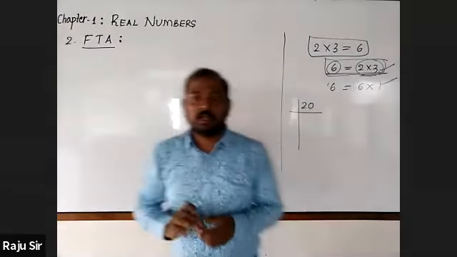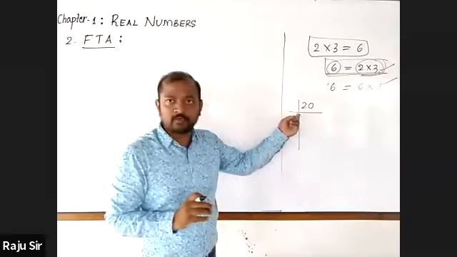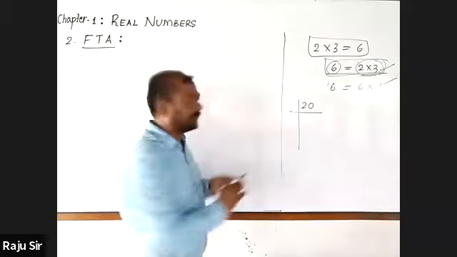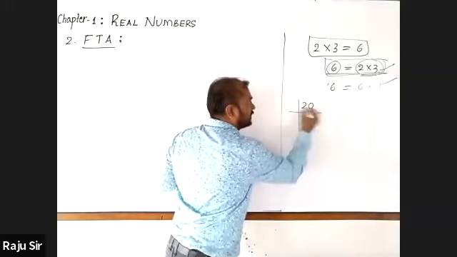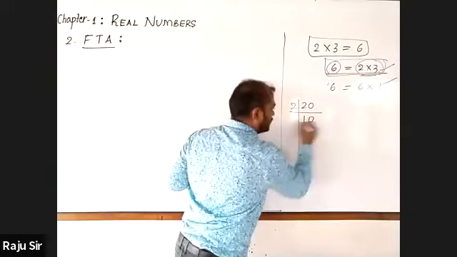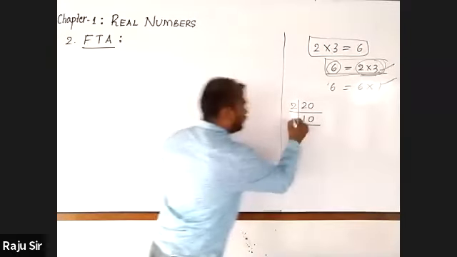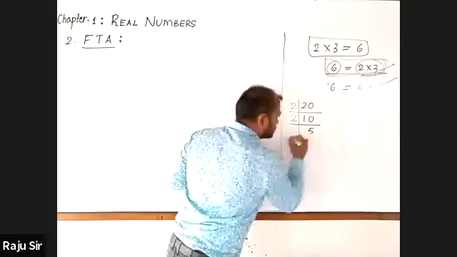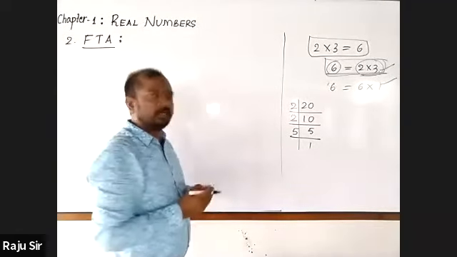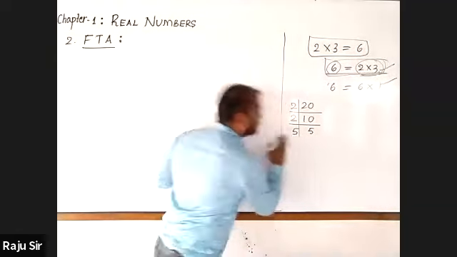I told you that we are going to find the prime factorization of 20. Let us start dividing 20 by 2, as it is an even number. 2 tens are 20, then 2 5s are 10, then 5 1s are 5. Should it be written? No need, because we want only the prime factors.